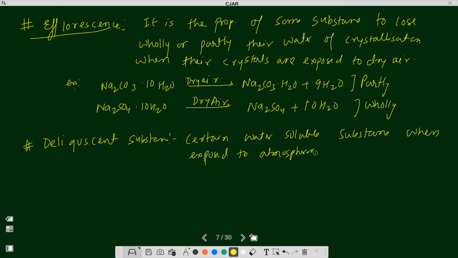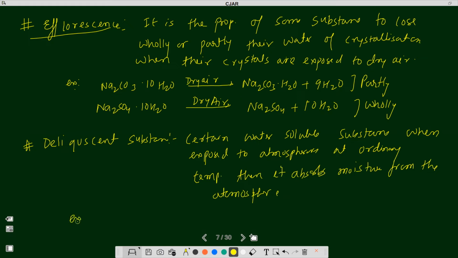For example, NaOH, KOH, MgCl2, ZnCl2, etc. These are the substances which absorb moisture from the atmosphere. Understood? So now we have completed the revision part of acids, bases, and salts.